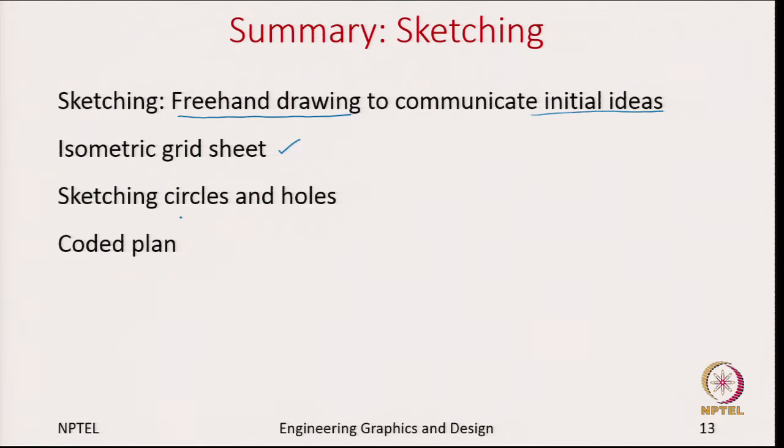In addition to the straight line edges, we also dealt with how to sketch circles and holes. This lets us develop some slightly more complex objects. And finally, we have seen one method of coded plan which can be used to develop some simple objects.